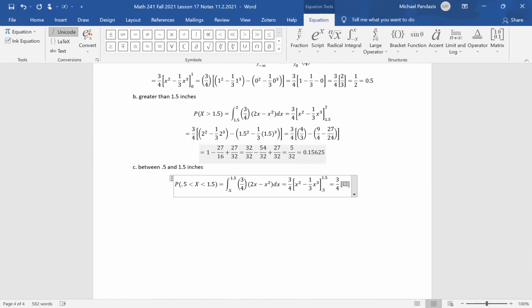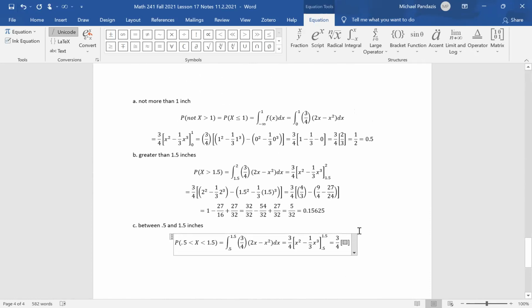So if you plug in 3/2, oh, okay. So then it was this value here. This is what it was for 1.5. Okay, so you have that thing.